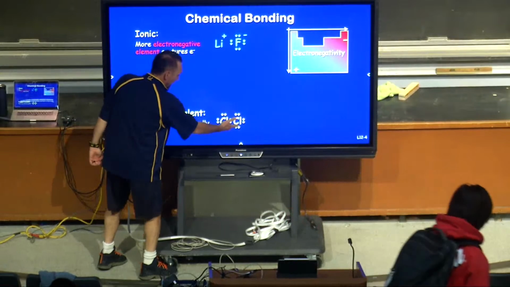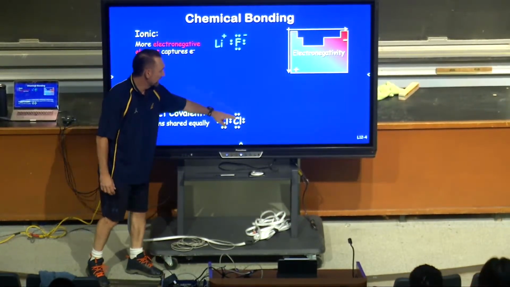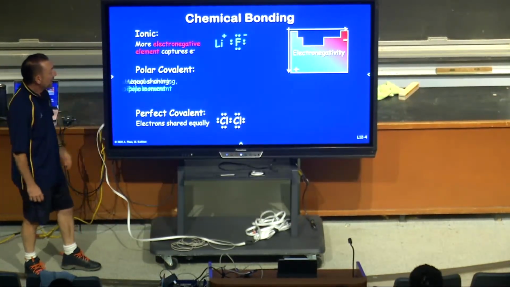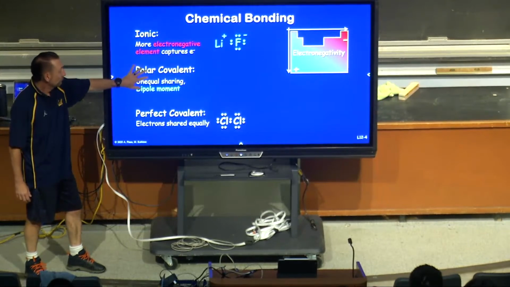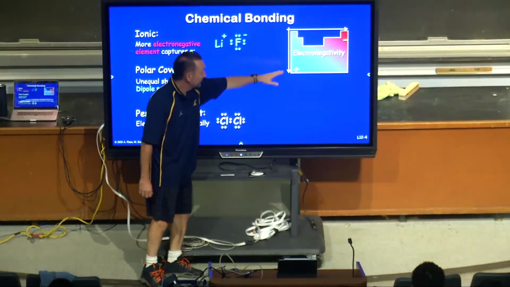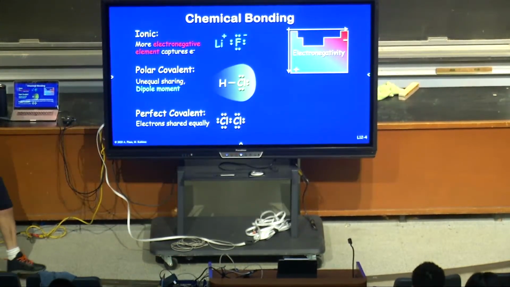And the sharing is equal. There's just beautiful symmetry. There's no electronegativity difference between, obviously, 2 chlorine atoms. But most covalent bonds are polar covalent because there's a difference in electronegativity between the 2 atoms involved.